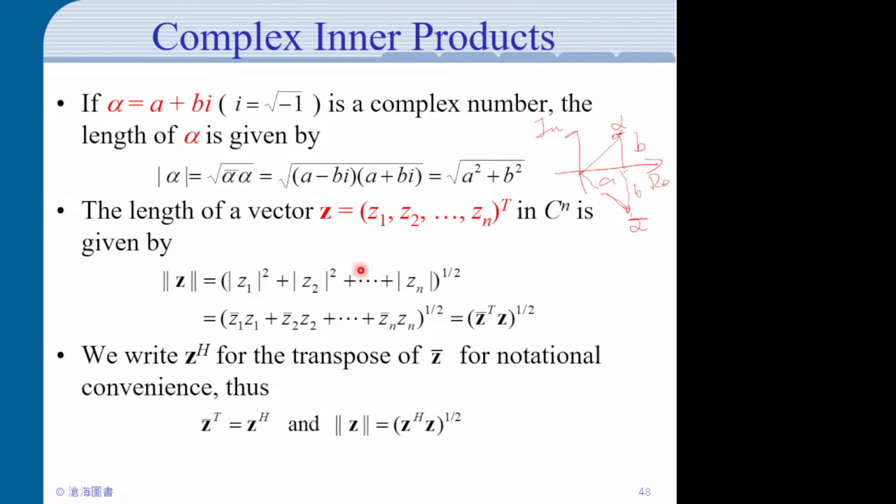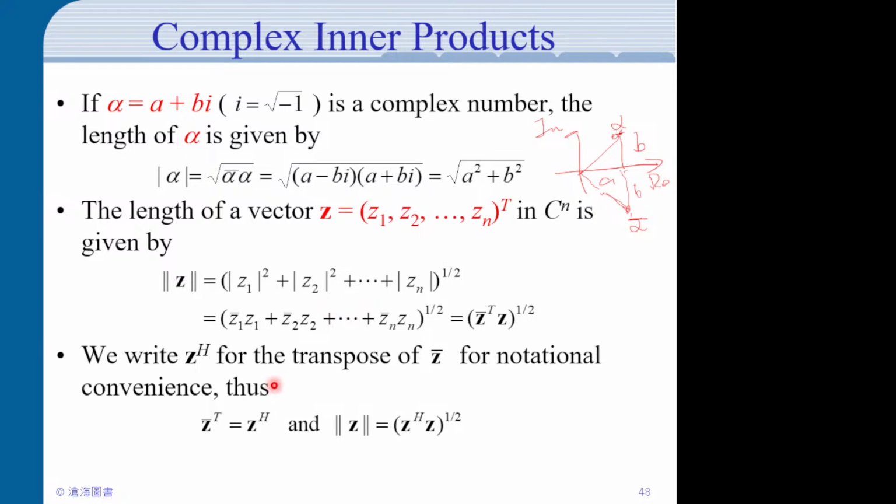Each of those is zi, so this is |z1| squared, |z2| squared, and |zn| squared. Those are not z1 squared and z2 squared. Those are actually the complex conjugate of z1 times z1, and the complex conjugate of z2 times z2, right? So you have those bars here: z1 bar times z1, z2 bar times z2, and zn bar times zn, added together, and then take the square root.